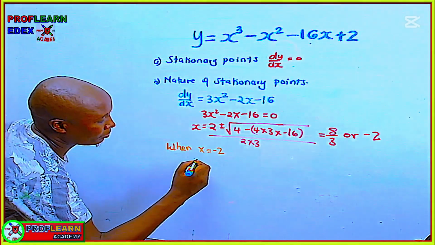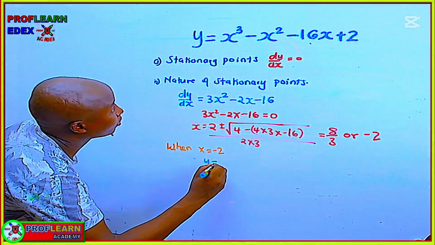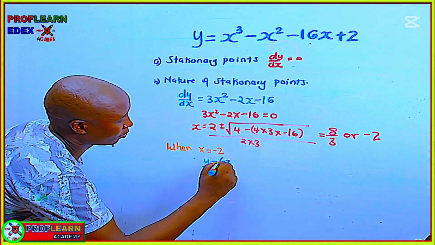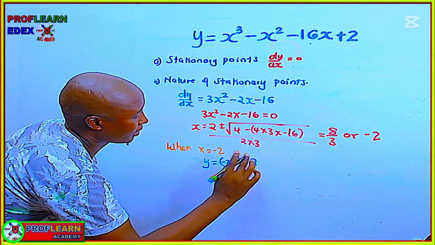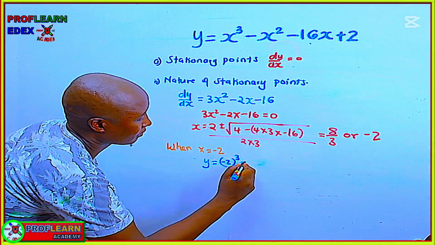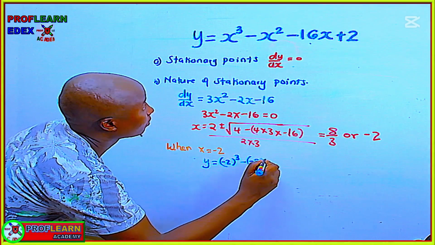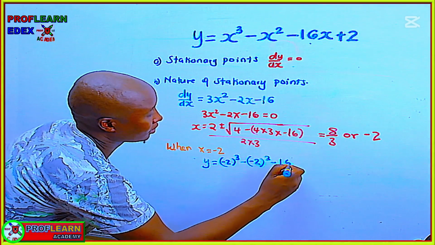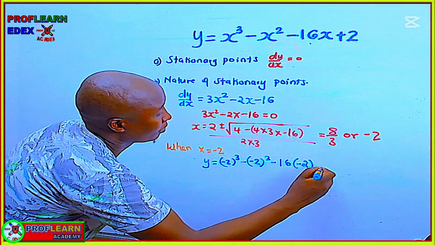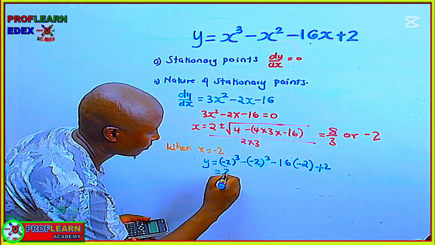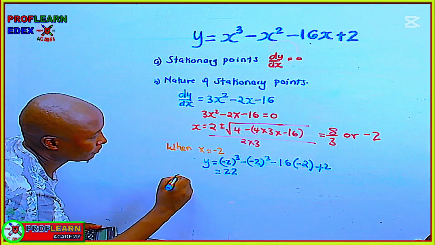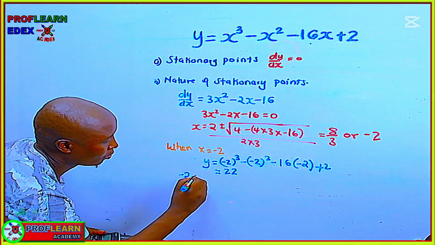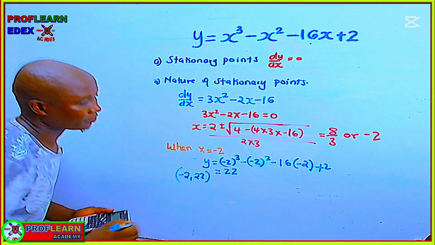Our y is going to be y is equal to negative 2 cubed minus negative 2 squared minus 16 times negative 2 plus 2. That is 22, so that coordinate becomes minus 2, 22.